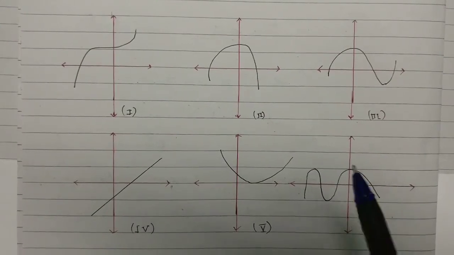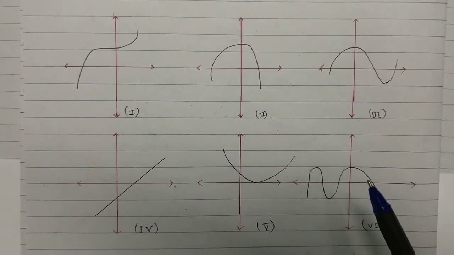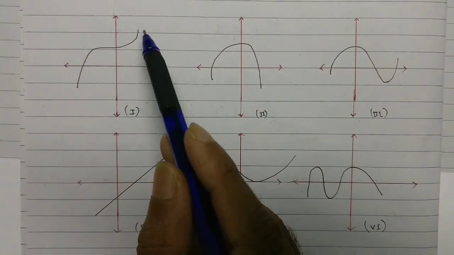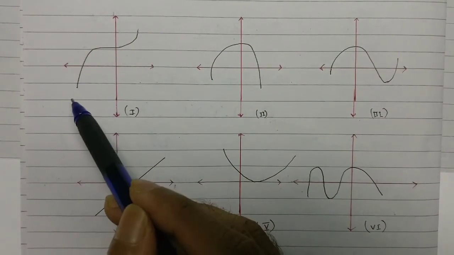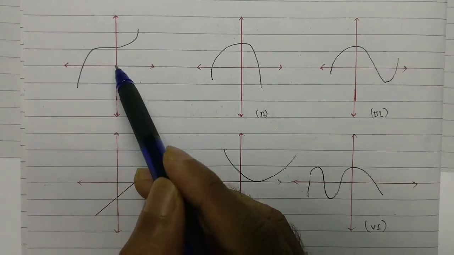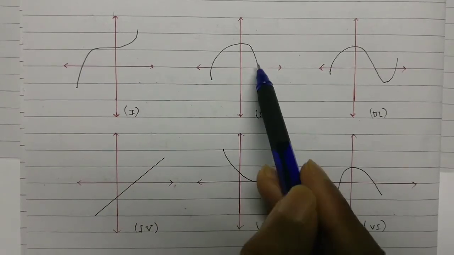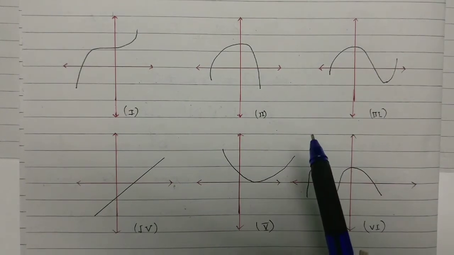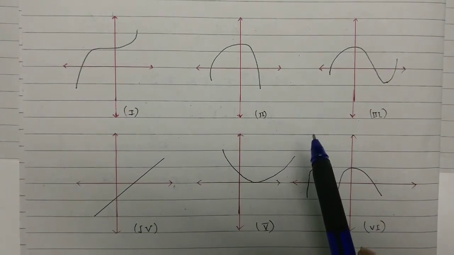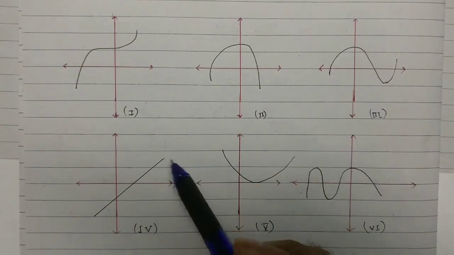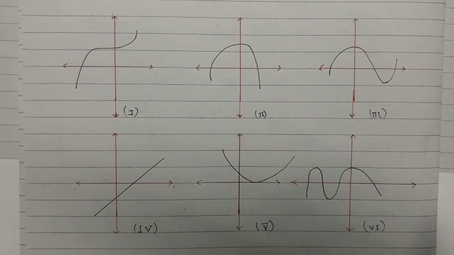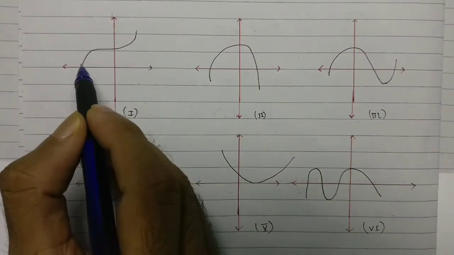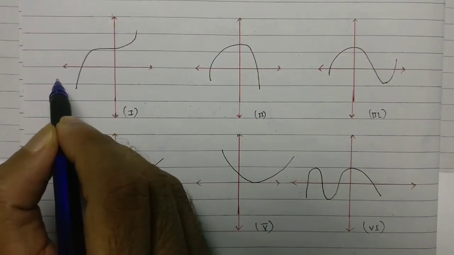Now, in a graphical representation, say for example, this is one polynomial which I have plotted and I get a graph like this. There is another one which is drawn like this, and so on. Now zeros of the polynomial: looking at this graph, I can tell that this polynomial has only 1 zero.